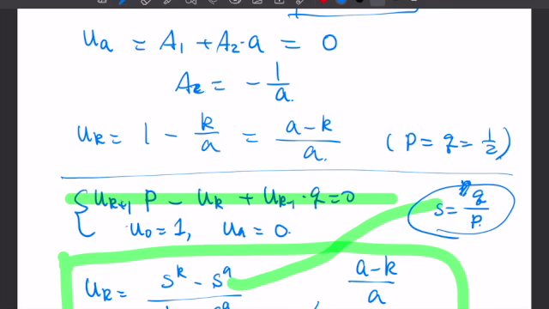And now that we know the probability of ruin of Alice, it is easy to calculate the similar probability of ruin for Bob. To do so, we just switch the roles of p and q. So replace p with q and replace k with a minus k for Bob's ruin.